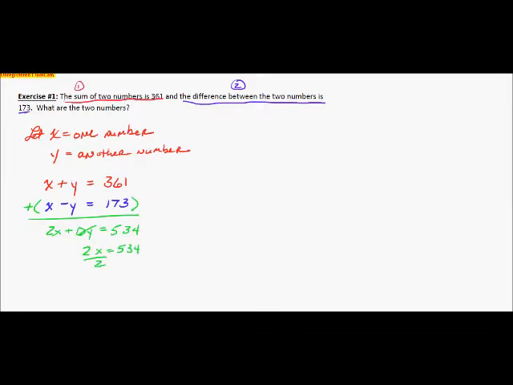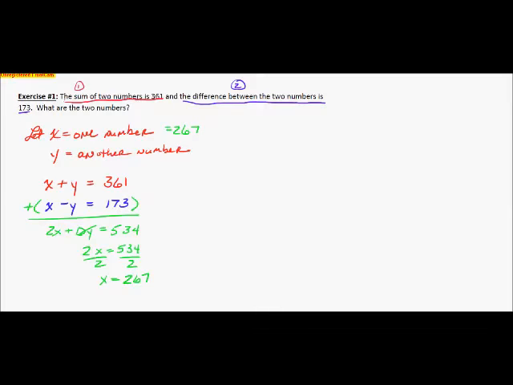I can just divide by 2 on both sides, and x equals, what is that going to be? 100, 200, 262, no, it's not going to be 262, it's going to be 267, yes, alright, so 267.